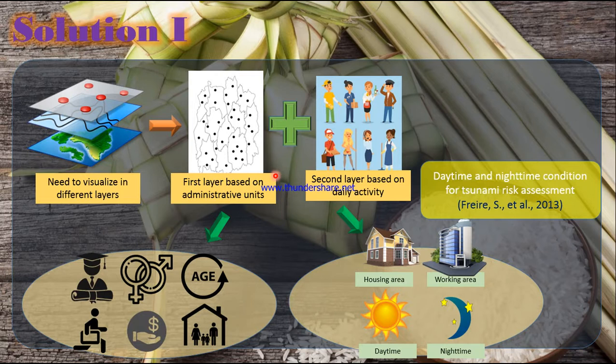They are dynamic population in daytime and nighttime for the first layer, and the tsunami risk condition for the second layer. And then the combination of these two layers will be used for the assessment of the tsunami evacuation route.